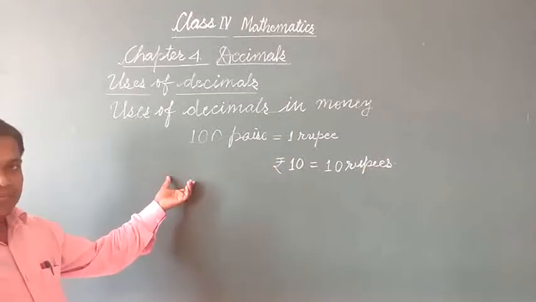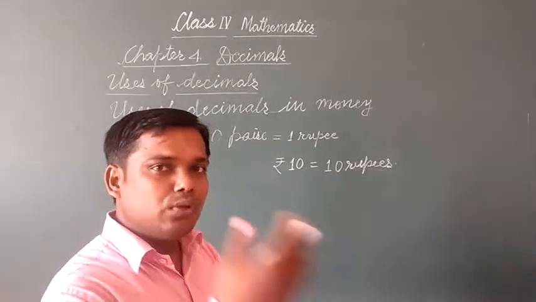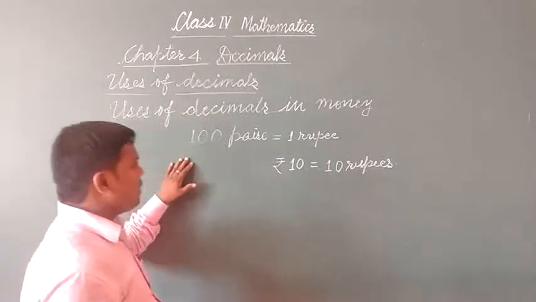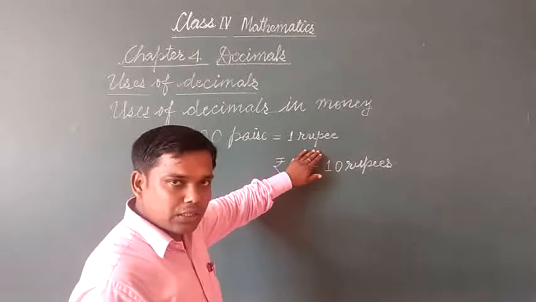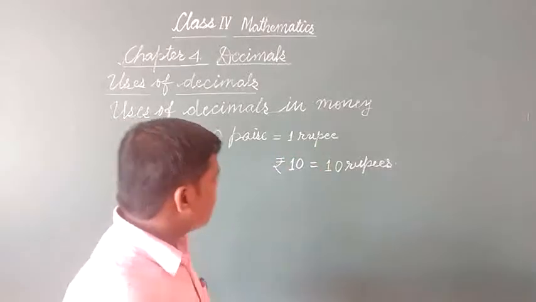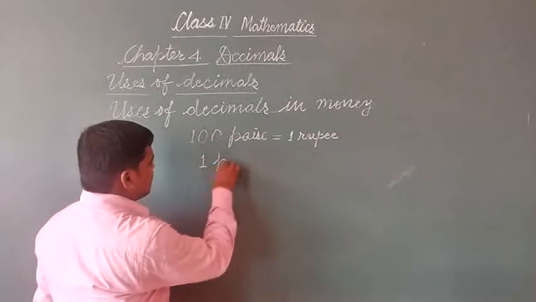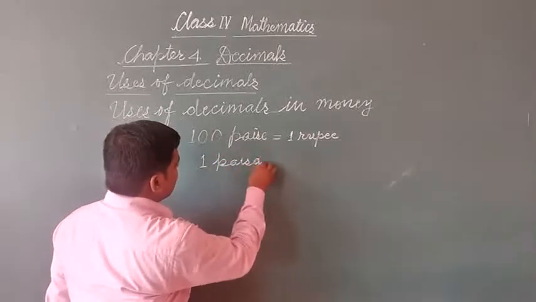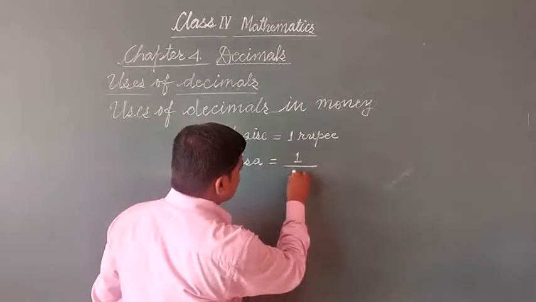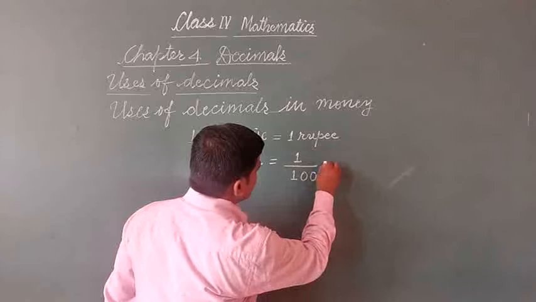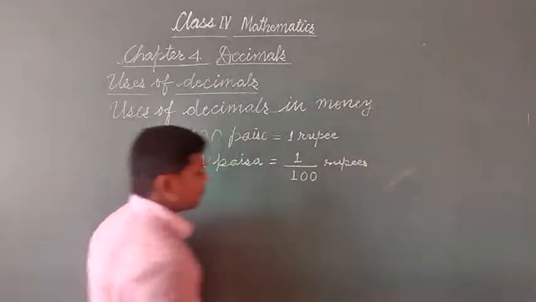Now you can convert from rupees to paise and paise to rupees. For example, as I have done here, 100 paise is equal to 1 rupee. Then 1 paisa is equal to 1 by 100 rupee.